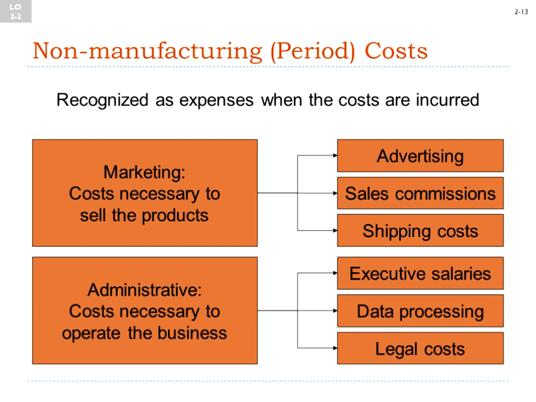So you have marketing costs, selling costs, etc. Like I said, those are necessary to sell the products, but they're just not considered a product cost. You have marketing, which consists of advertising, sales commissions, shipping costs. You have administrative costs, which are costs necessary to operate the business.